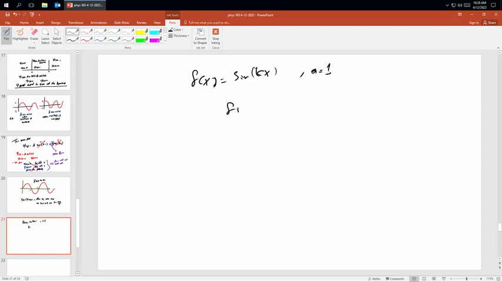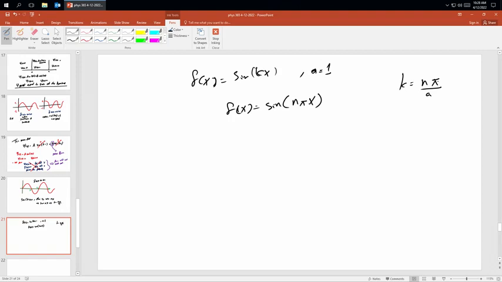That means f of x is going to equal sine n pi x. Because again, remember the k? It was n pi over a. A is 1, so it'll be n pi x, right? You with me so far?